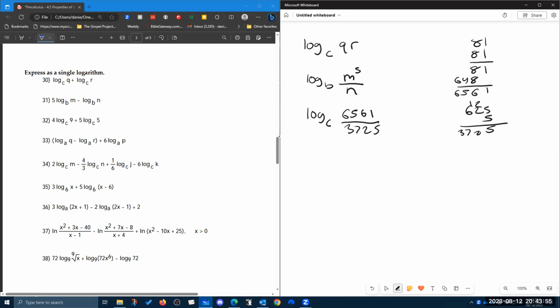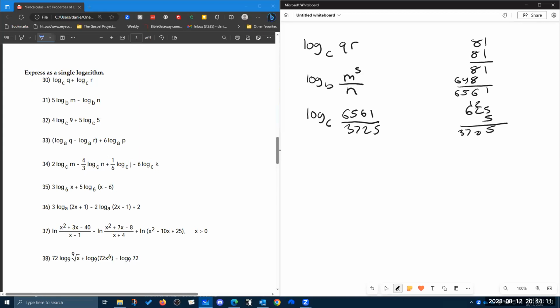33 is log base a of q minus log base a of r plus 6 log base a of p.